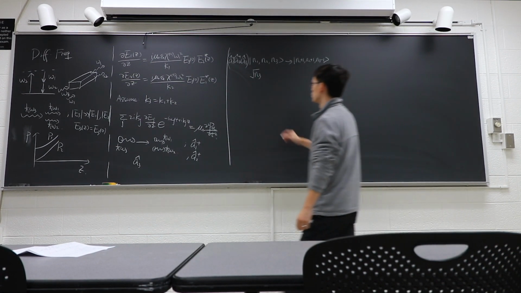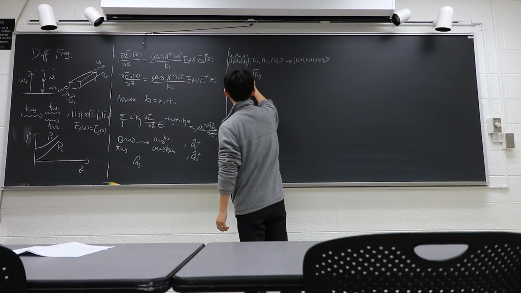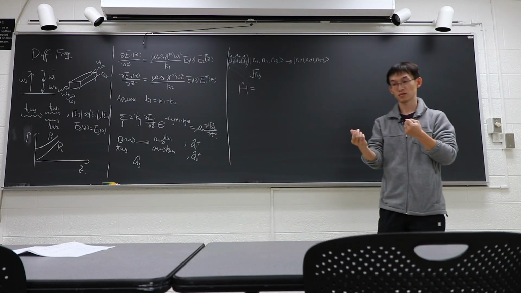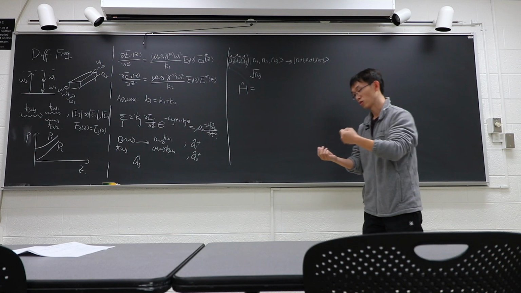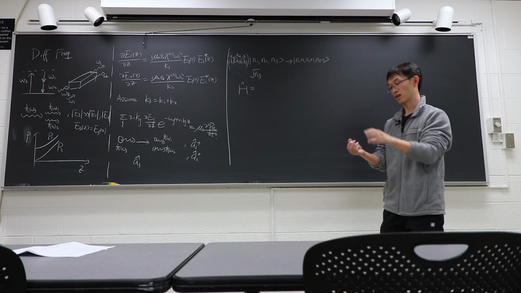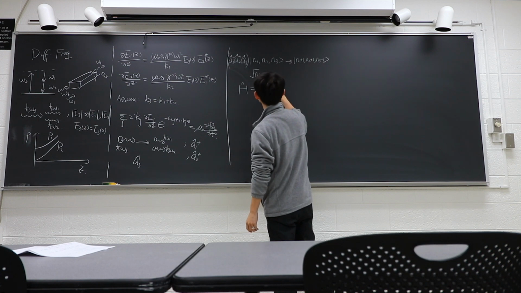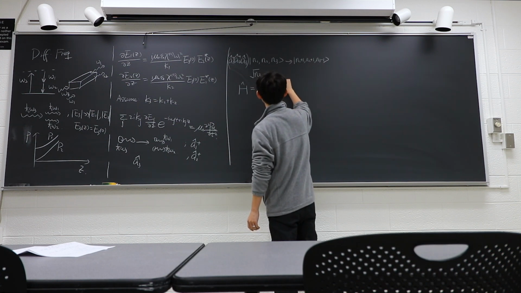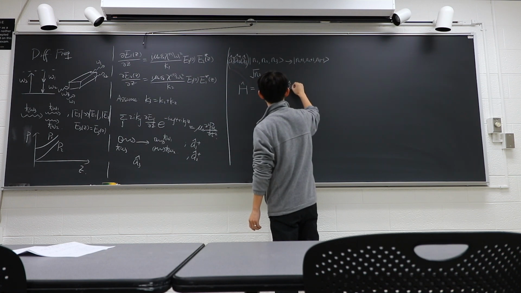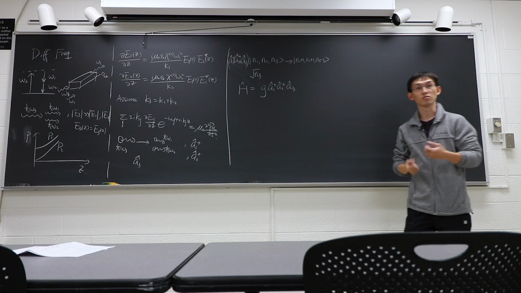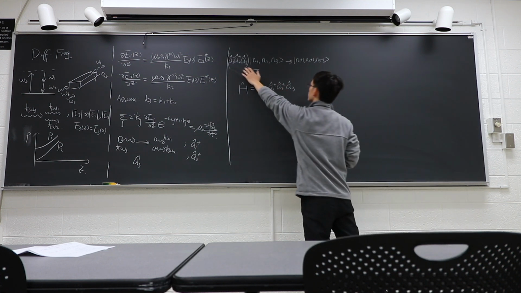So what happened is, in your Hamiltonian, which decides how your system evolves, there's a term that acts like this. It's just a process: you move this to here.